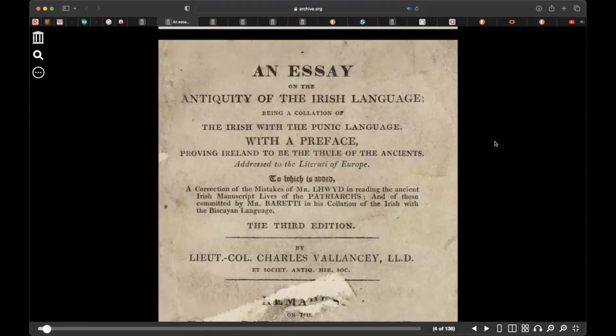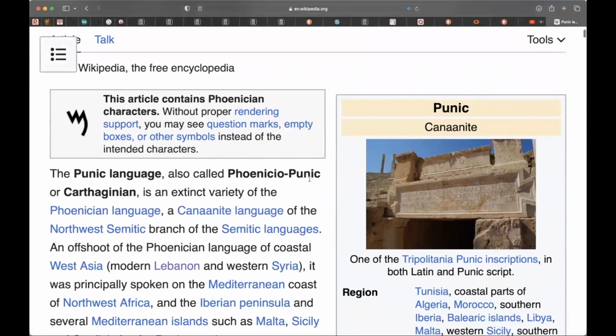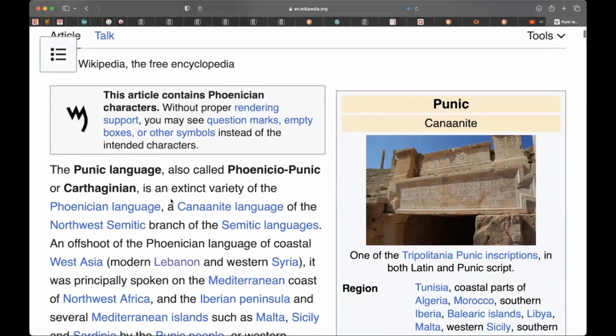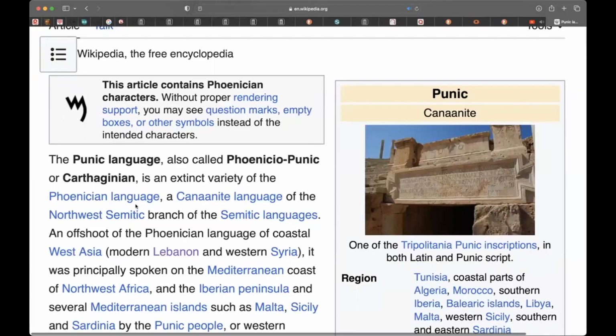This book right here is called An Essay on the Antiquity of the Irish Language, being a collation of the Irish with the Punic languages, all right? Punic language, also called Phoenicio-Punic or Carthaginian, is an extinct, so it's old, right? Variety of the Phoenician language.